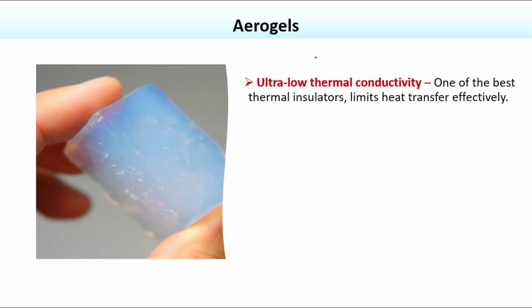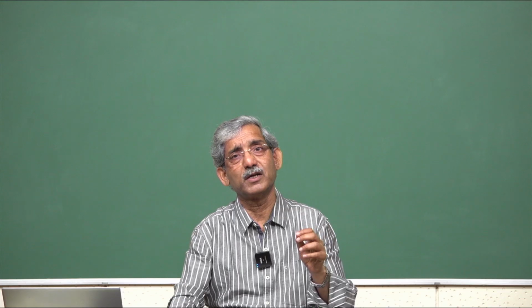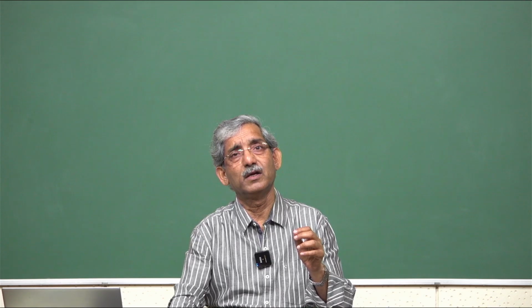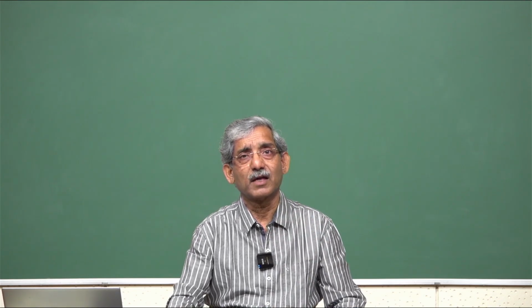In a normal porous fabric, the pores may get compressed, so the thermal protection performance may change, but if we incorporate aerogel within the structure, it will give very high thermal insulation.